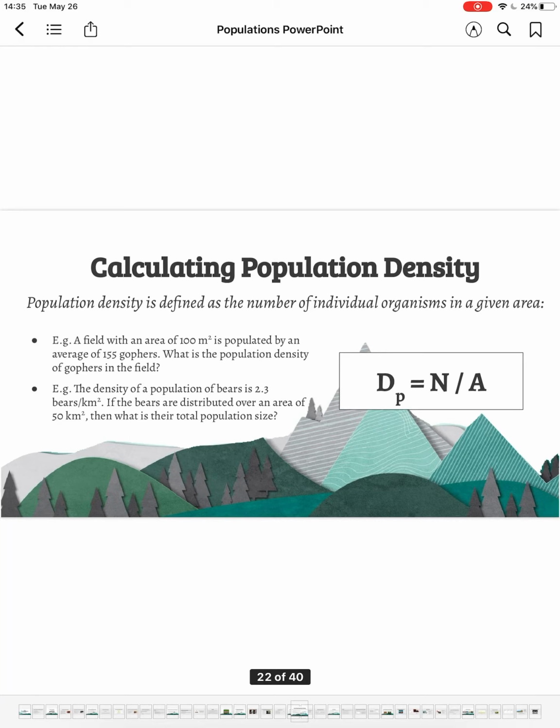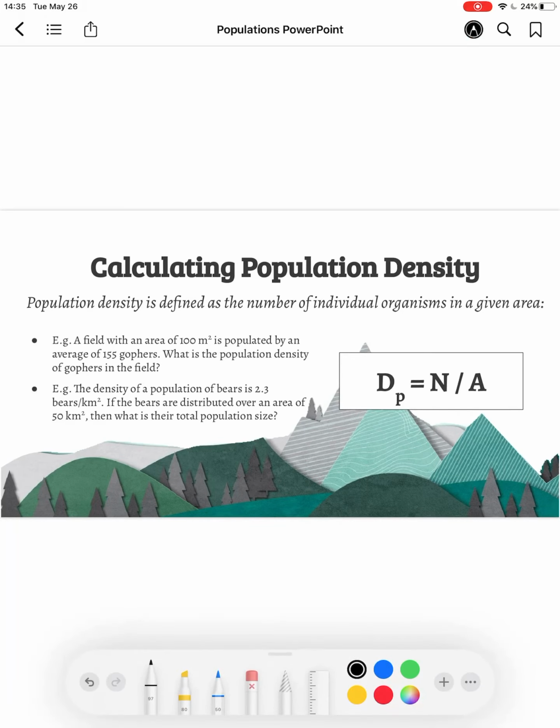But in the formula booklet, this formula is there, and it tells us what each of these things are. So DP is, probably you can guess it, the population density. So I'm going to write DP there.